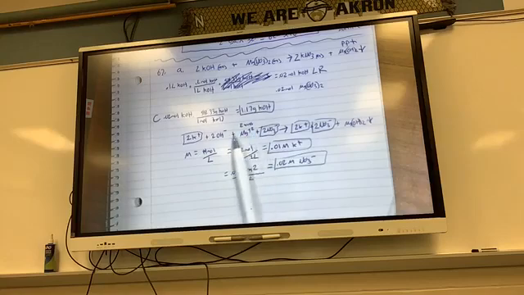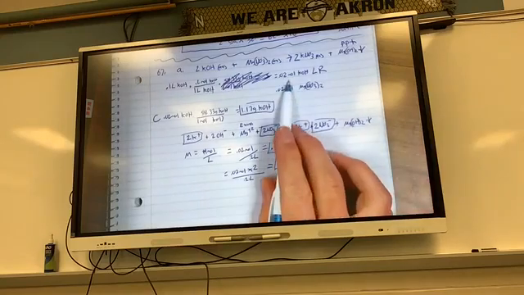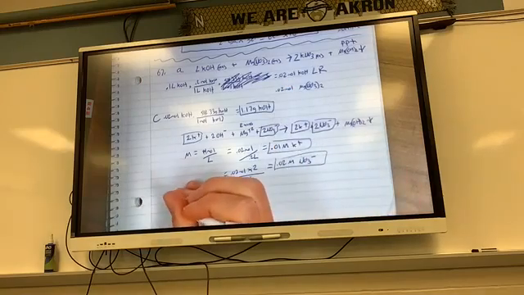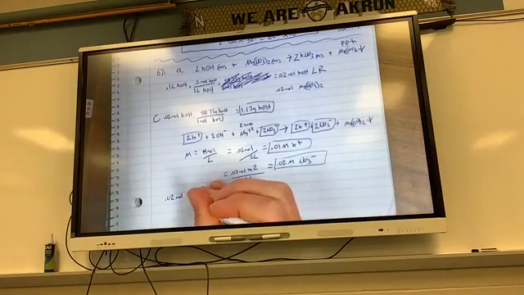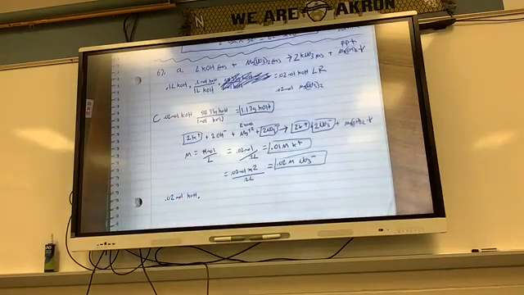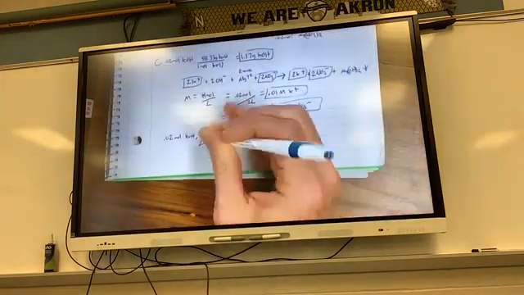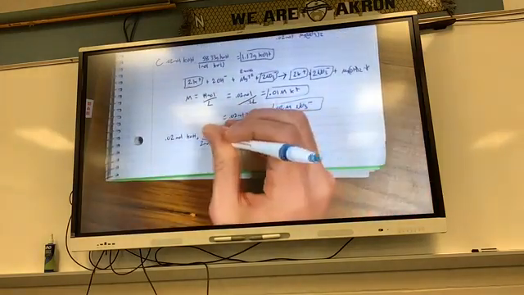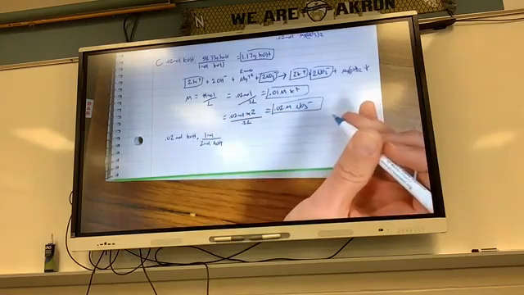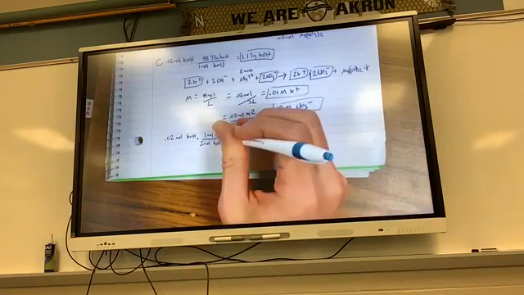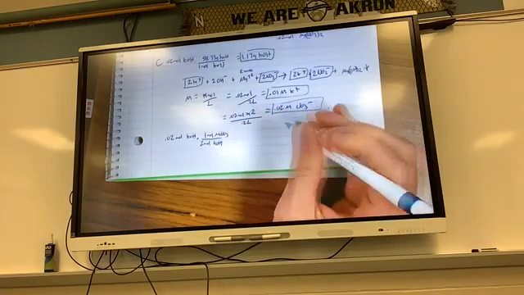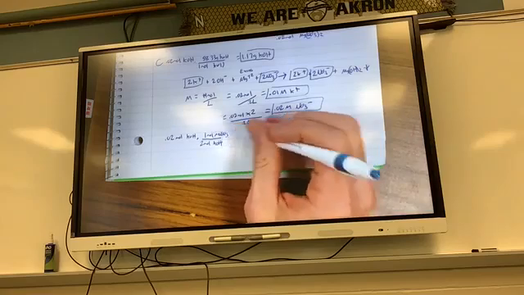So I have 0.02 moles of KOH times, here's my stoich step: for every 2 moles of KOH, 1 mole of MgNO3.